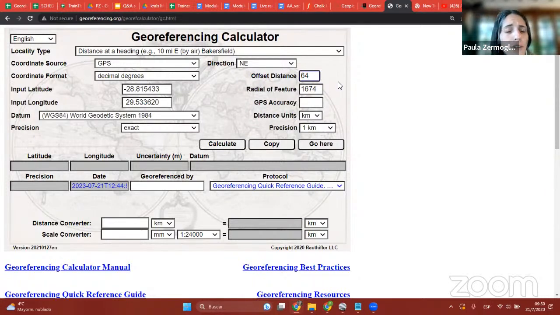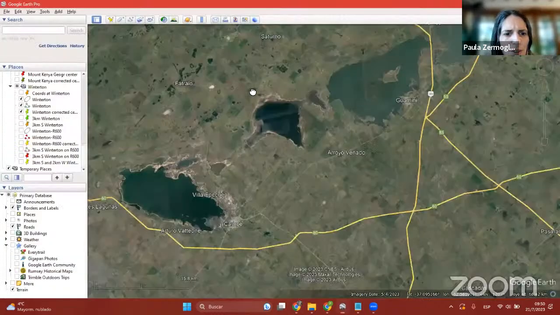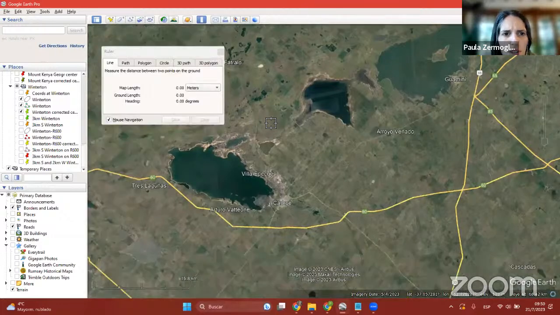There is, however, a tool that we showed in Google Earth. Is it here? Yes.